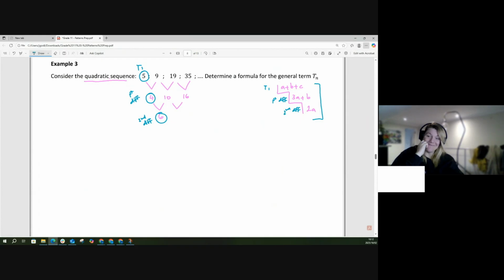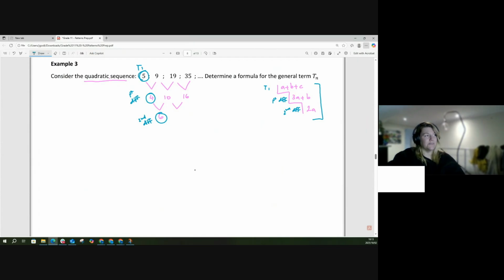A boo, I am not hating that answer. I am a little bit confused about your C though. I really like your A and your B. Oh, you know what you've done is you've made it equal to 0, but your first term isn't 0.